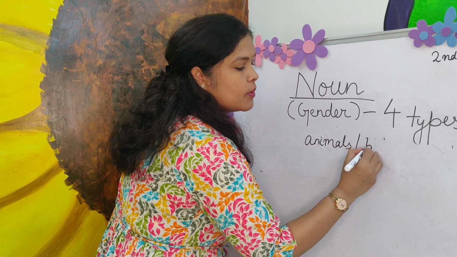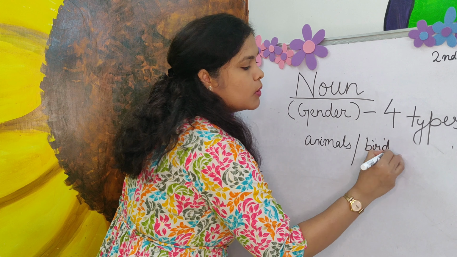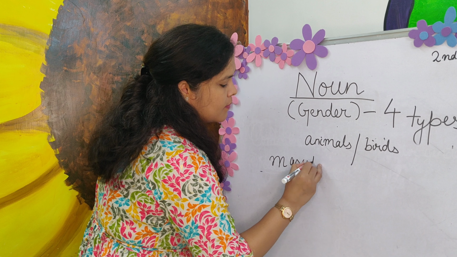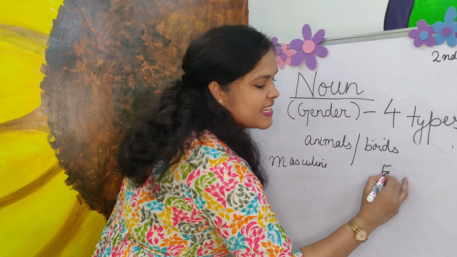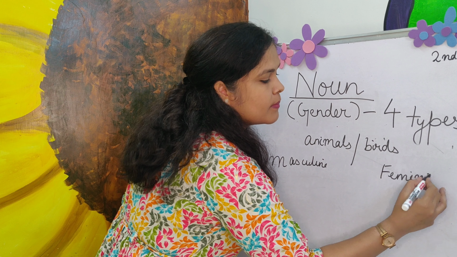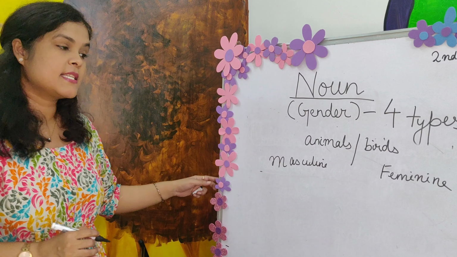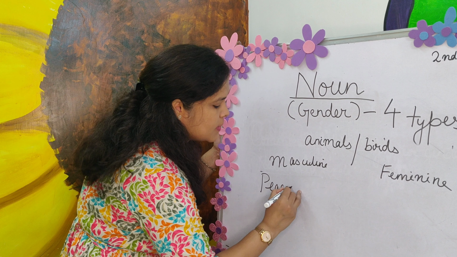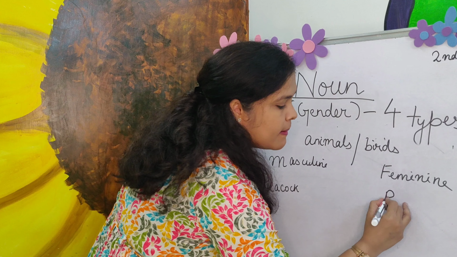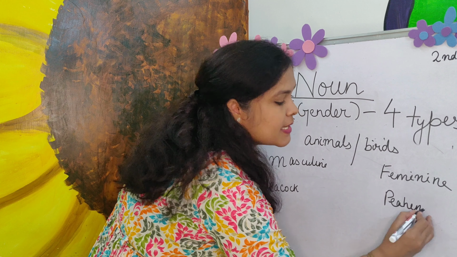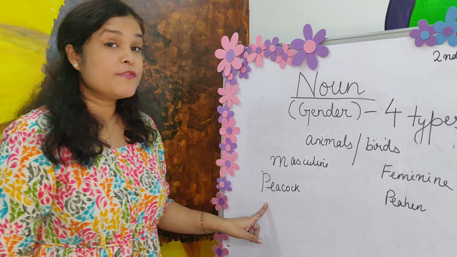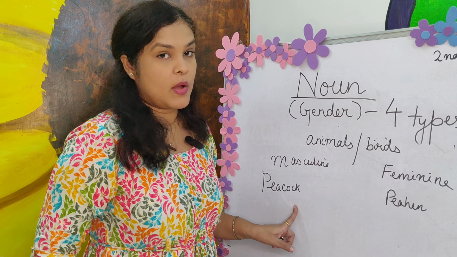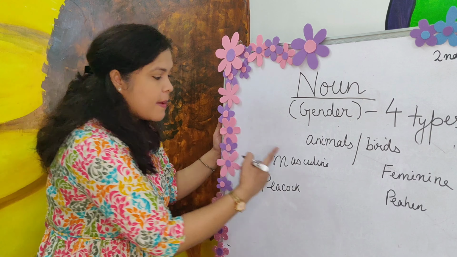Or birds around you. Let me tell you, they are also categorized into masculine and feminine. Like, let's take some example. Peacock is masculine, whereas peahen is feminine. Peacock has beautiful feathers, right? And peacock is also the national bird of our country. We take another example.